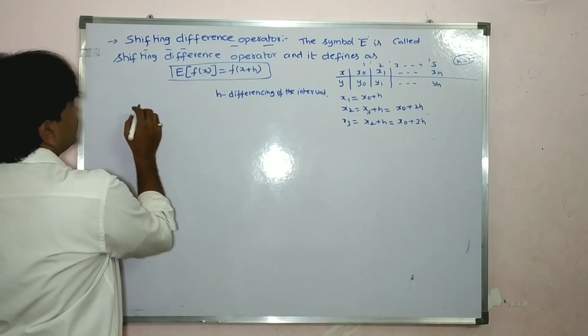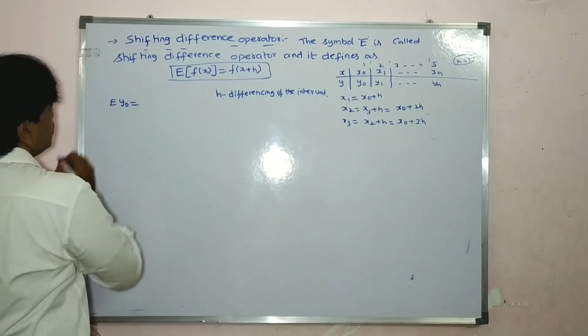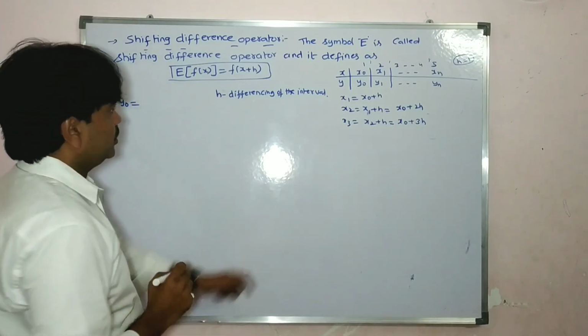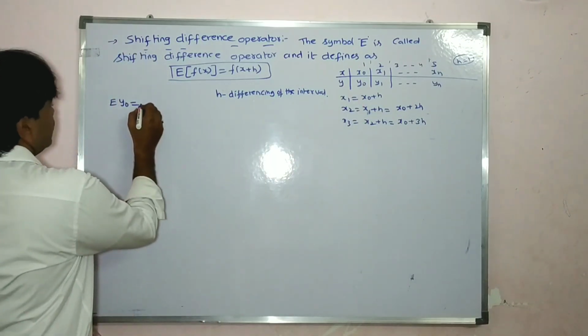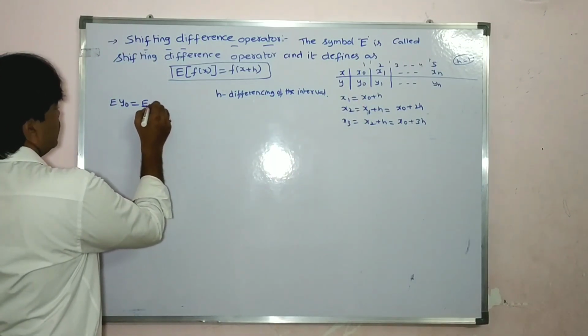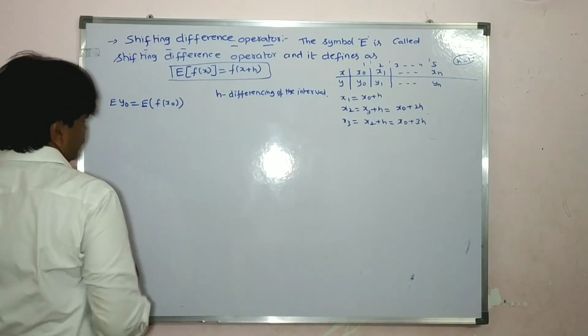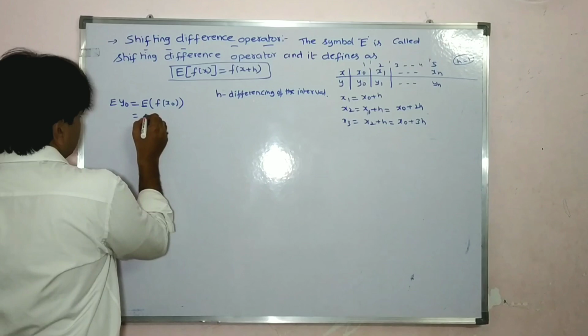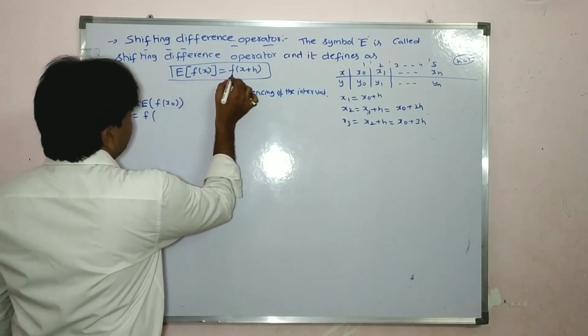Now I want to find E y0. How can you get E y0, students? E of f of x0, that is f of x0. E of f of x is f of x plus h.